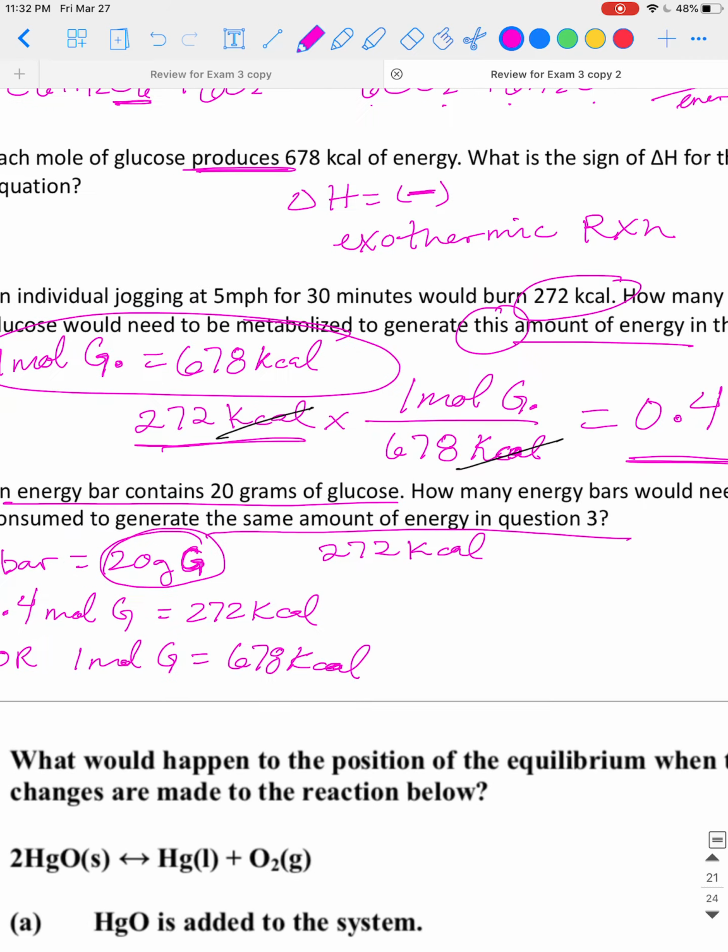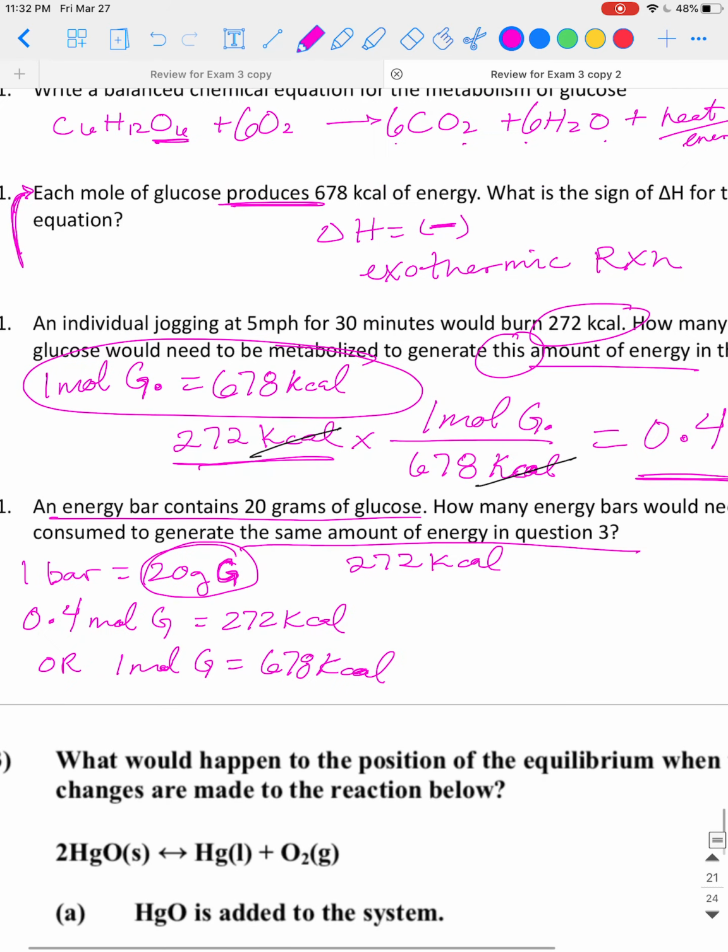So let me zoom in over here. Start with 272 kcals. I've already written it, so we're going to start the problem here. I want to cancel out kcals. Again, it doesn't matter. You can use either relationship that relates kcals to moles of glucose.